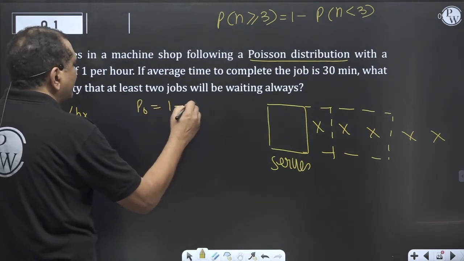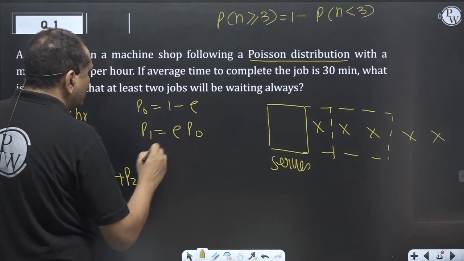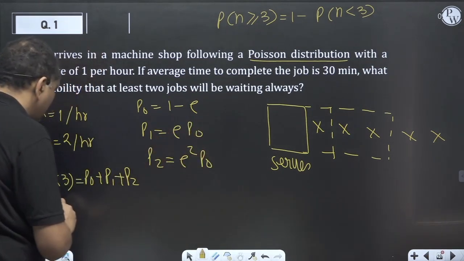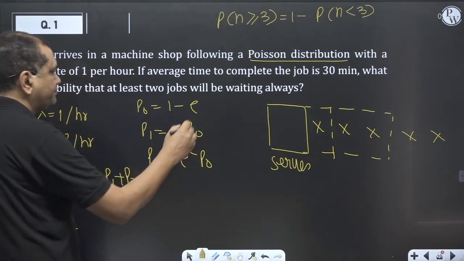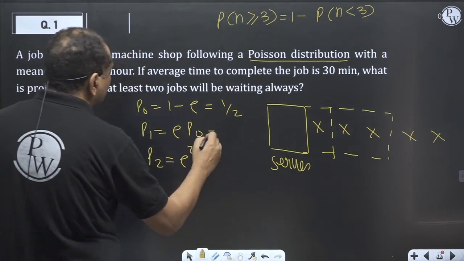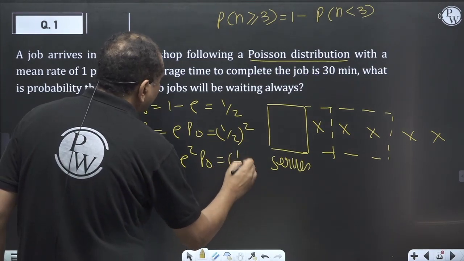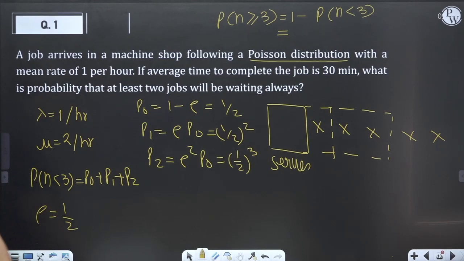P naught is 1 minus rho. P1 is rho P naught. And P2 is rho square P naught. And rho is equal to 1 by 2. So it is 1 by 2 whole cube. So this probability will be the answer.